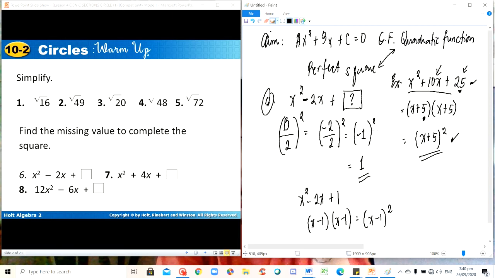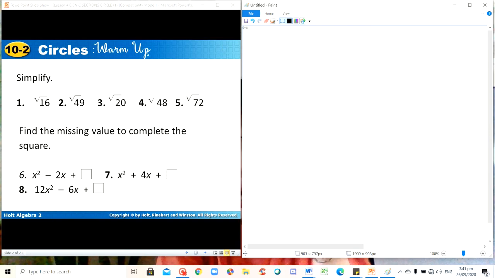Now let's try number 7. x squared plus 4x plus blank. Again, what must we keep in mind? To get this term, you divide b by 2 and then square it. What is your b?